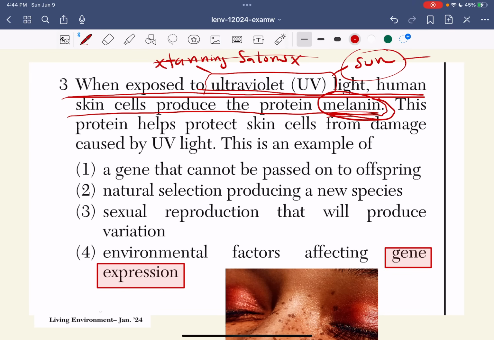Melanin is a protein that is produced to protect you from the sun's rays. So let's keep reading. This protein helps protect skin cells from damage caused by UV light. So this melanin that makes your skin darker is a protective mechanism that your skin cells produce in order to protect you from the UV rays, which we know are damaging.